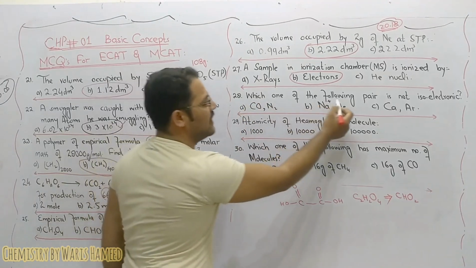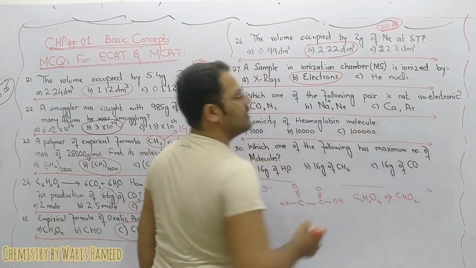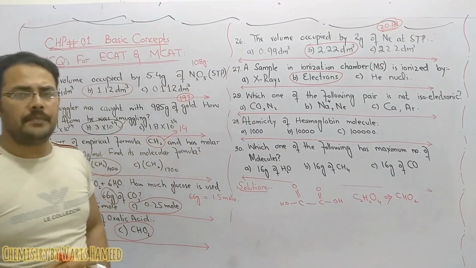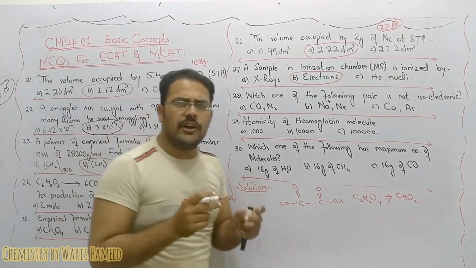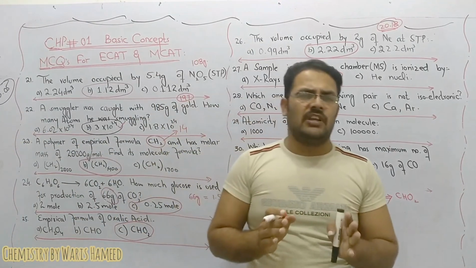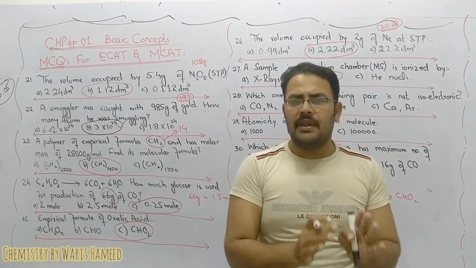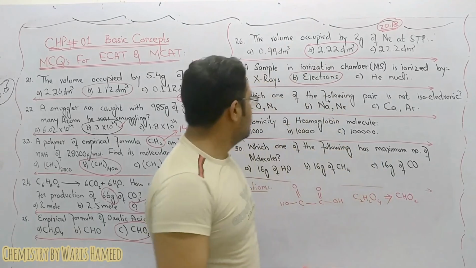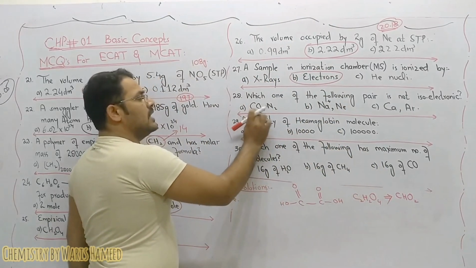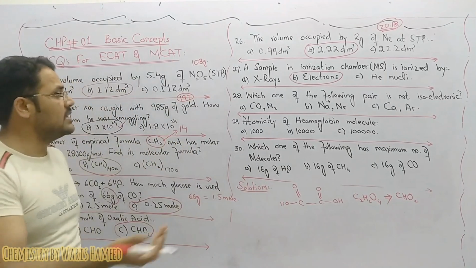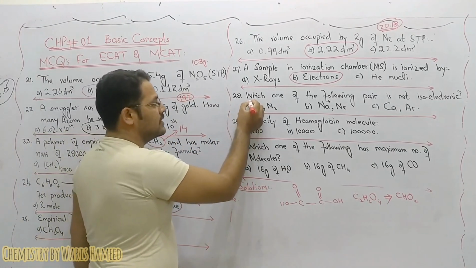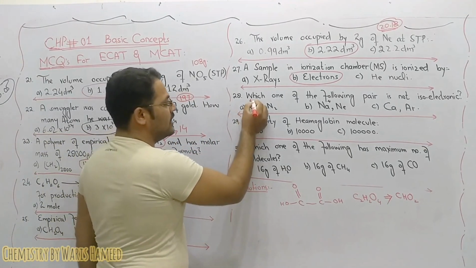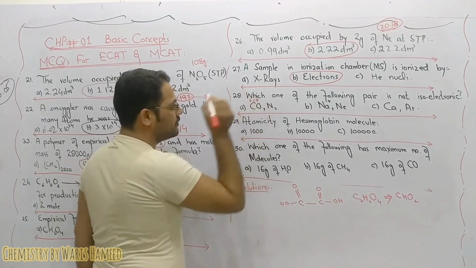Next, which one of the following pair is not isoelectronic? Isoelectronic means equal number of electrons. The sample having equal number of electrons. In case of carbon dioxide, how many electrons are present? Carbon has 6 electrons and oxygen has 8 electrons.